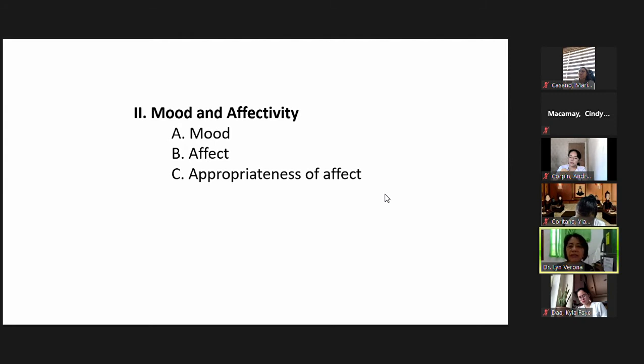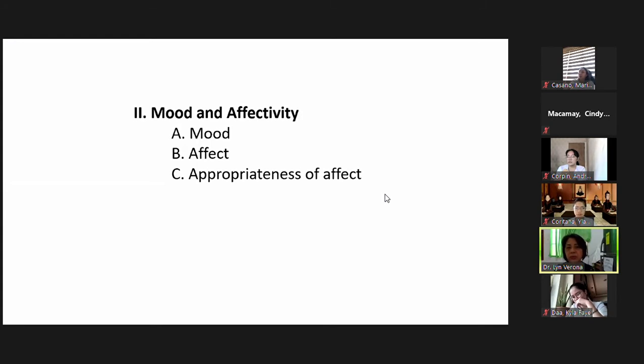Appropriateness of affect, for example. The mood of the patient, as I told you, is sustained, meaning it has been there for a few weeks, or a few months. For example, somebody in the family is sick, having cancer. So the patient that comes to you should have some sadness, they are not so happy.